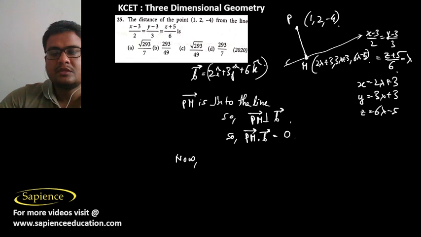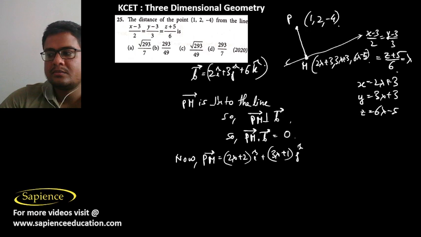Now PM vector will be equal to (2 lambda plus 2) i cap plus (3 lambda plus 1) j cap plus (6 lambda minus 5 plus 4), that is (6 lambda minus 1) k cap.